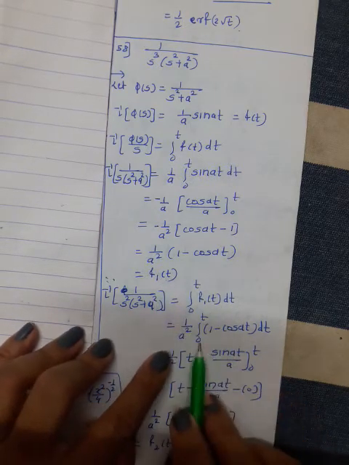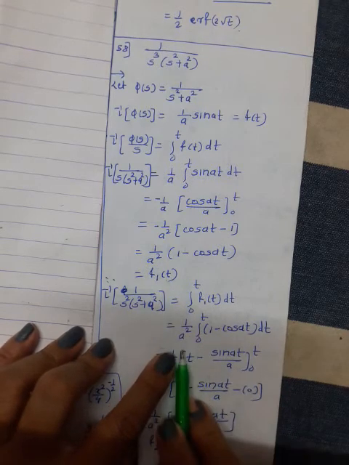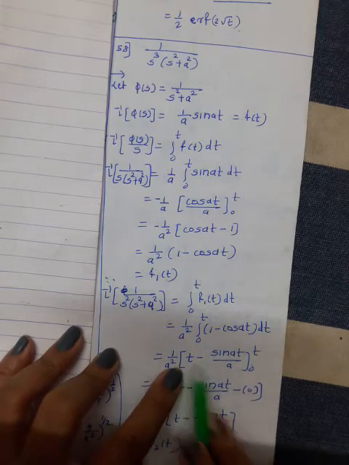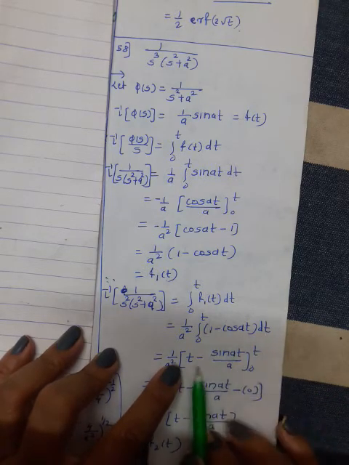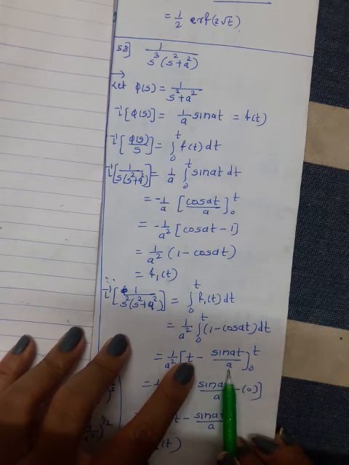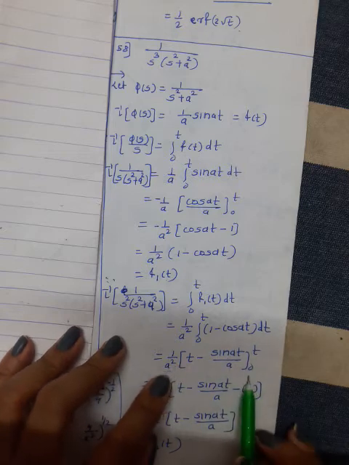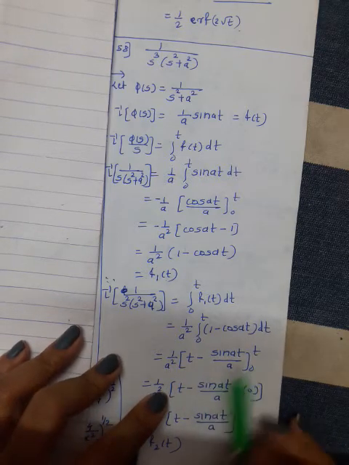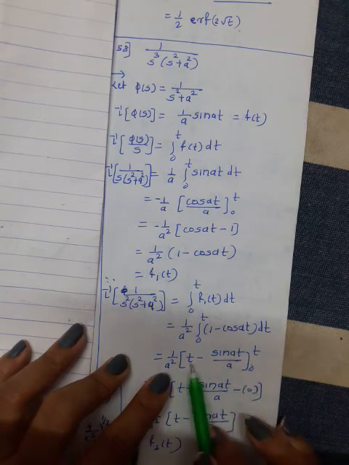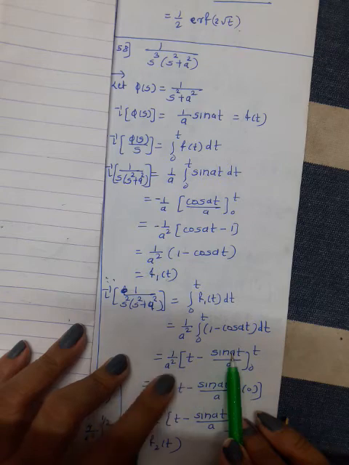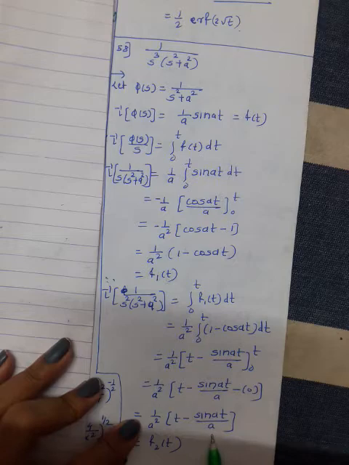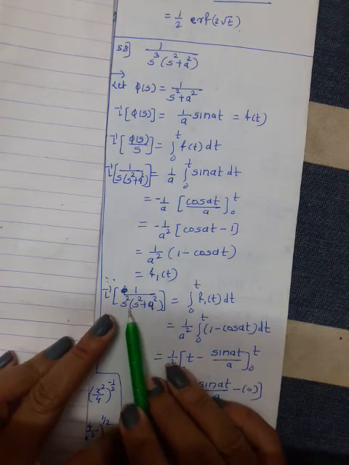Put the value of f1 t here. 1 upon a square is a constant, take it outside, integration of 1 minus cos at dt. The integration of 1 with respect to t is t, minus the integration of cos, which is sine at upon a. Put the limit 0 to t. Putting upper limit t, we get t minus sine at upon a, minus the lower limit 0, where sine 0 is 0. That's why the answer is 1 upon a square times t minus sine at upon a. This is second division by s, s square.